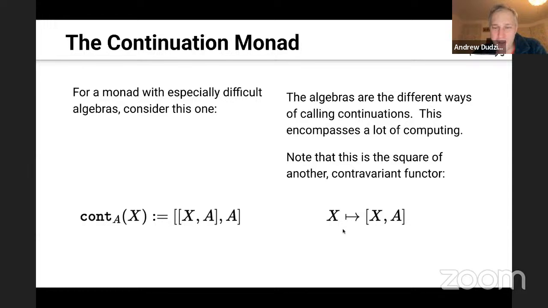What does this functor do to arrows? If I have a map from x to x prime, what happens to that arrow?